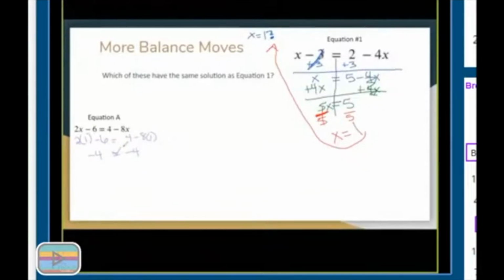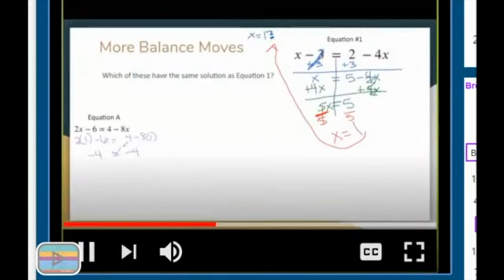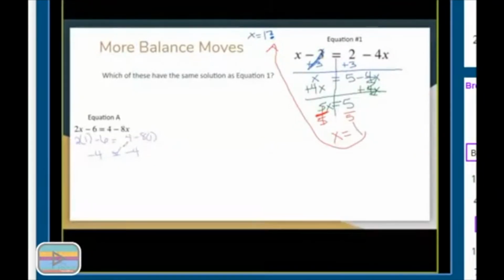Yeah, absolutely. Is there another way, though, that I could have checked to see if x equals 1? Yes. What could I have done? Well, first, I added 6 to the 4 because I do the inverse operation. Awesome. Thank you for that vocabulary usage.